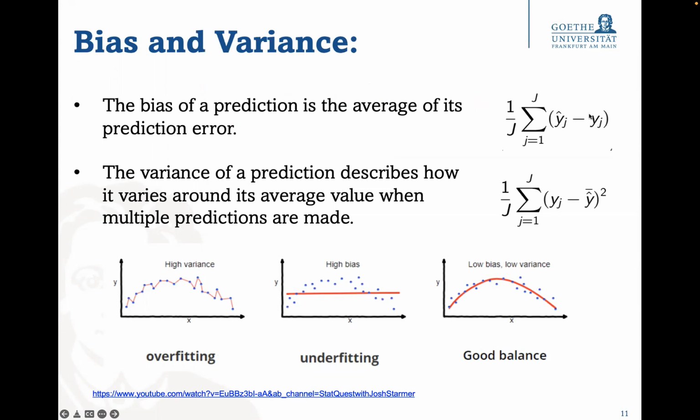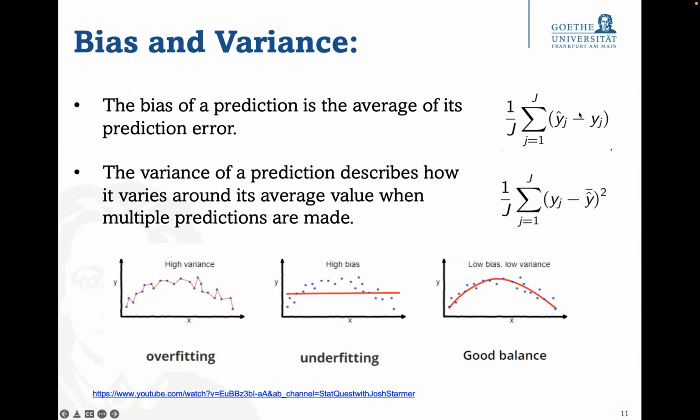Then there's a variance part, which is the variation of the fitted model based on new observations. So you could have a model that has high bias and low variance, and the other way around.